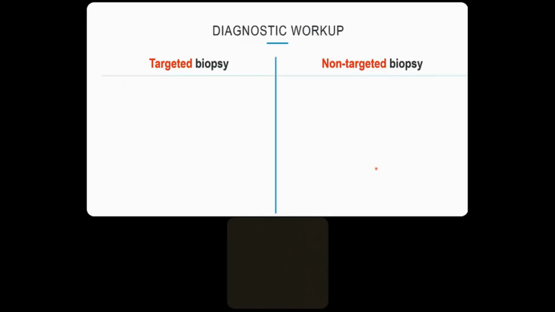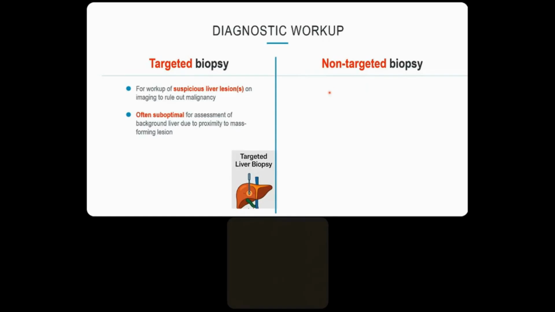Liver biopsies can be broadly divided into two main categories depending on their clinical indication. Targeted biopsies are generally performed to rule out cancer as part of the workup for suspicious liver lesions on imaging.